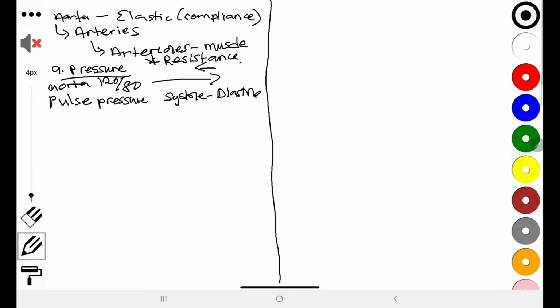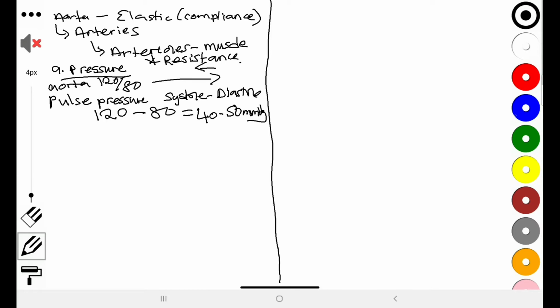So usually you find it at 120 minus 80. So it has a range of about 40 to 50 millimeters of mercury, meaning you can actually find your diastole at 70 in some books as the average.